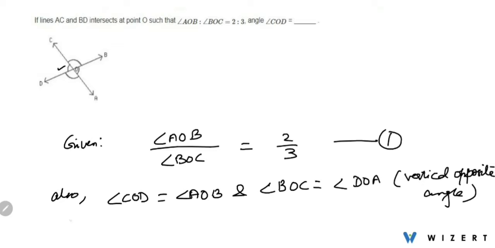Now we also know that the sum of all angles around a point is equal to 360 degrees. So here, this angle plus this angle plus this angle plus this angle will be equal to 360 degrees, and since vertical opposite angles are equal, we can write twice angle AOB plus twice angle BOC equal to 360 degrees.